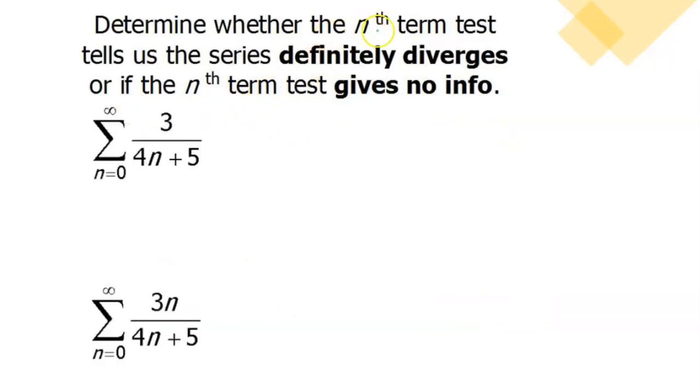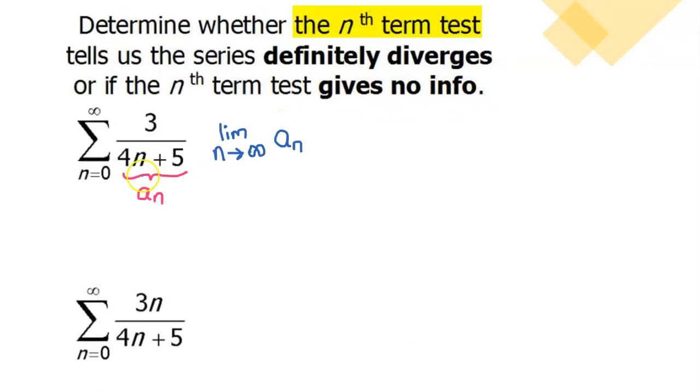Determine whether the nth term test tells us the series definitely diverges, or if the nth term test gives no information. Remember, this rule right here is a_n, and for the nth term test, we need to find the limit as n approaches infinity of a_n. Notice that the numerator is a constant.